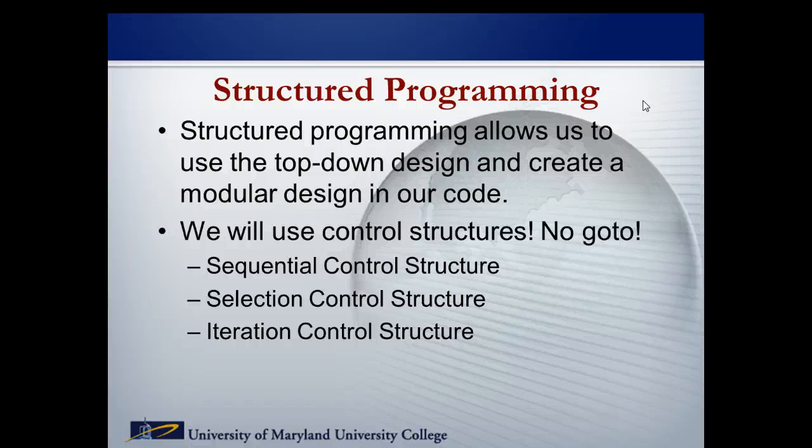We will focus on specific control structures. This class is designed to identify the control structures that you'll see in writing programs, and that includes a sequential control structure, a selection control structure, and an iteration control structure. Those are effectively the only three that you'll be using when writing code.